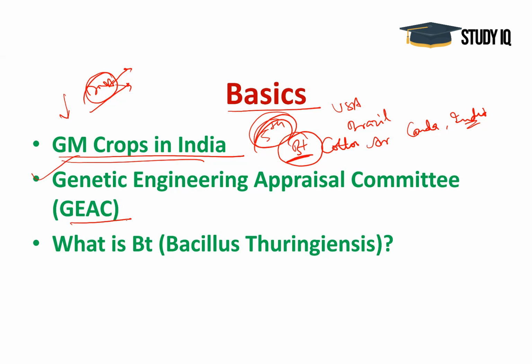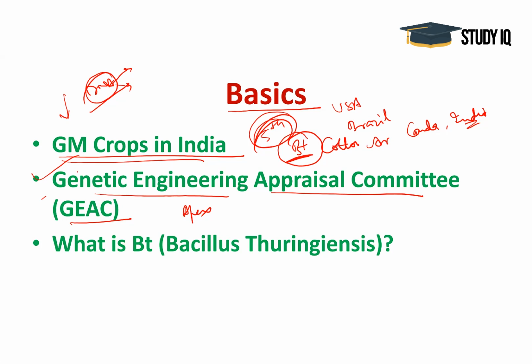Then when we come to GEAC, that is the Genetic Engineering Appraisal Committee, this is an apex body under the Ministry of Environment, Forest and Climate Change for regulating manufacturing, use, import, export, and storage of hazardous microorganisms or GMOs, that is genetically engineered organisms and cells, in the country.